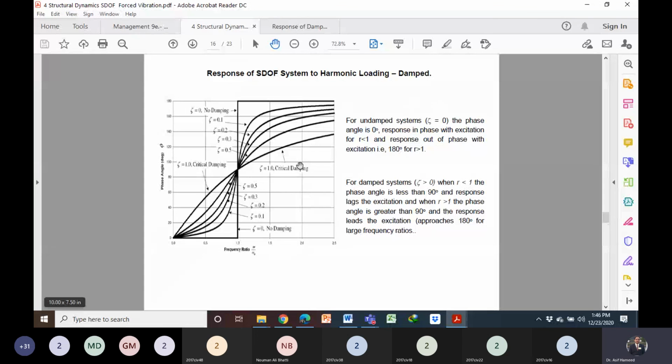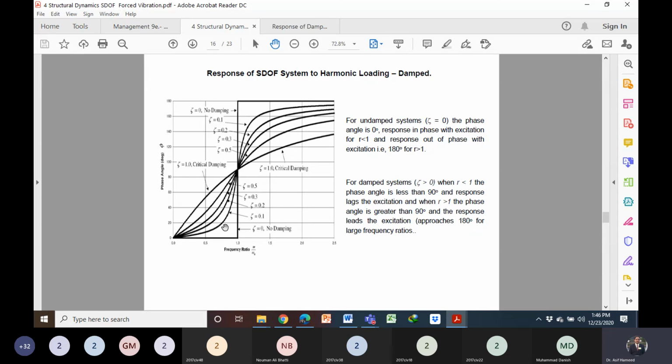Again, I can repeat. When damping is equal to 0, the phase angle is either 0 degree or 180 degree. For omega over omega n less than 1, this is equal to 0 degree. And for omega over omega n greater than 1, it is equal to 180 degree.